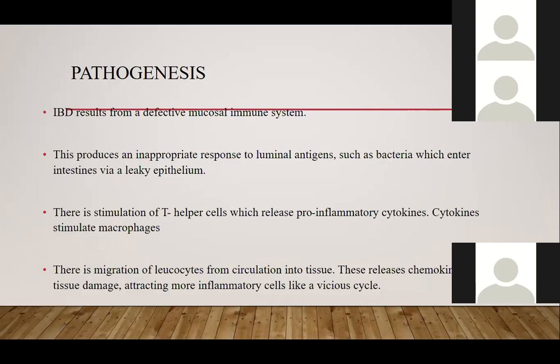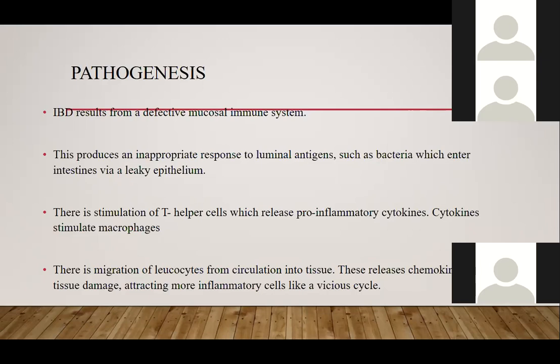Sometimes you end up producing an excessive effect on whatever is in there. It's like you seeing a fly and then you get a very, very big hammer or a mallet to crush the fly, whilst you could just hit the fly with probably a piece of paper and kill the fly. Sometimes there's an overstimulation of the body's inflammatory system to some of the antigens that your body is exposed to.